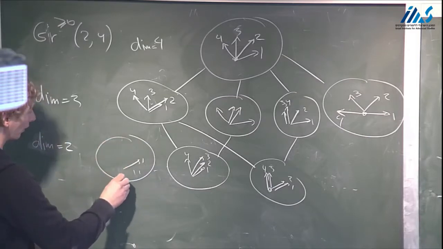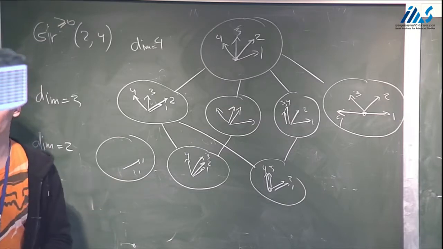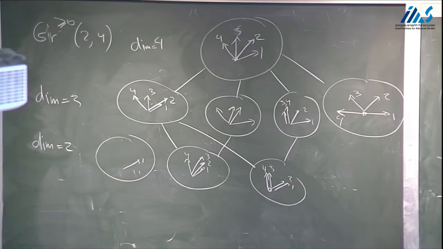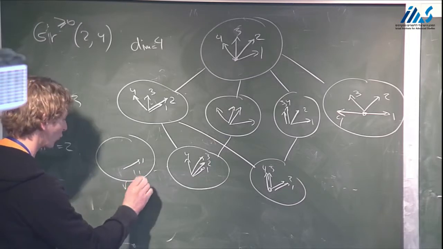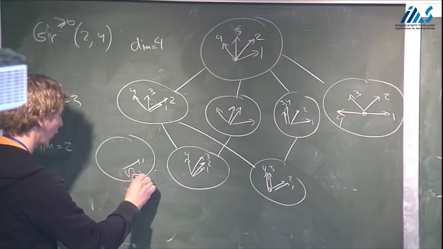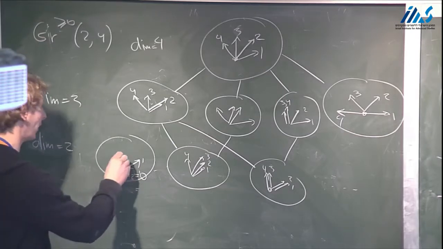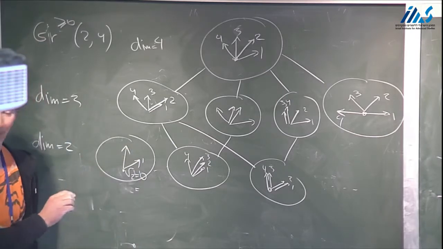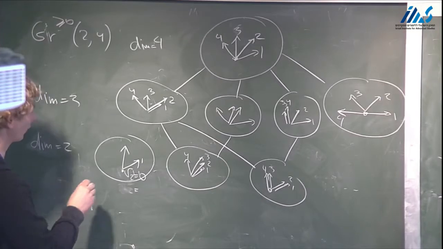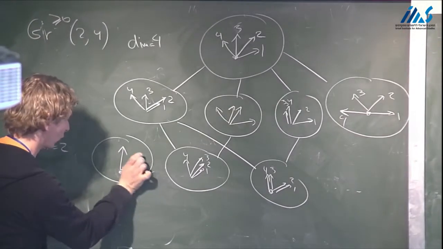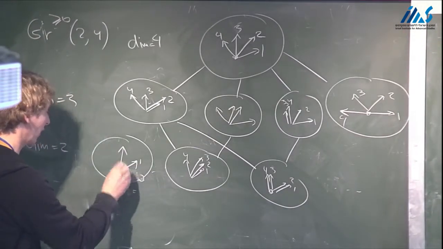I don't know how to denote a 0 vector on a picture. Like 2 at the origin. Right, 2 at the origin. Oh, yeah, that's a good idea. So 2 at the origin, 2 is here, 3, 4.